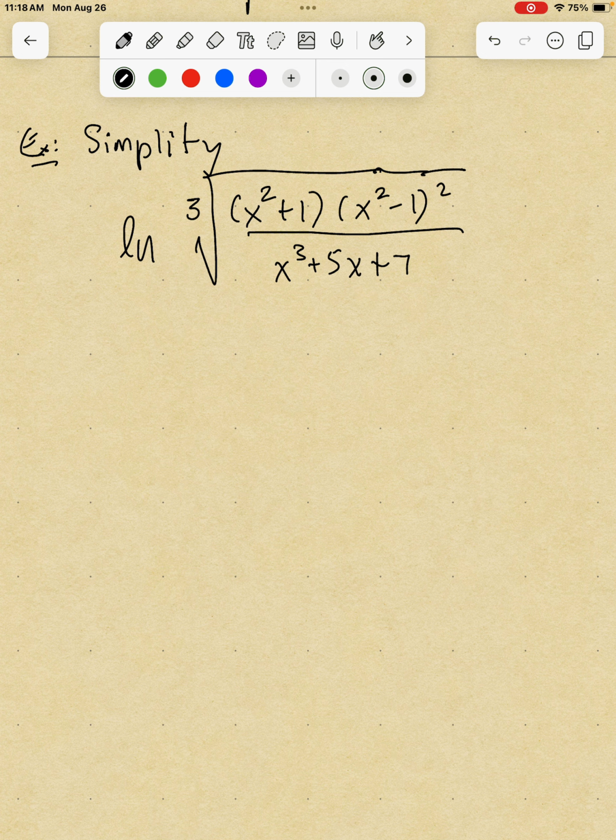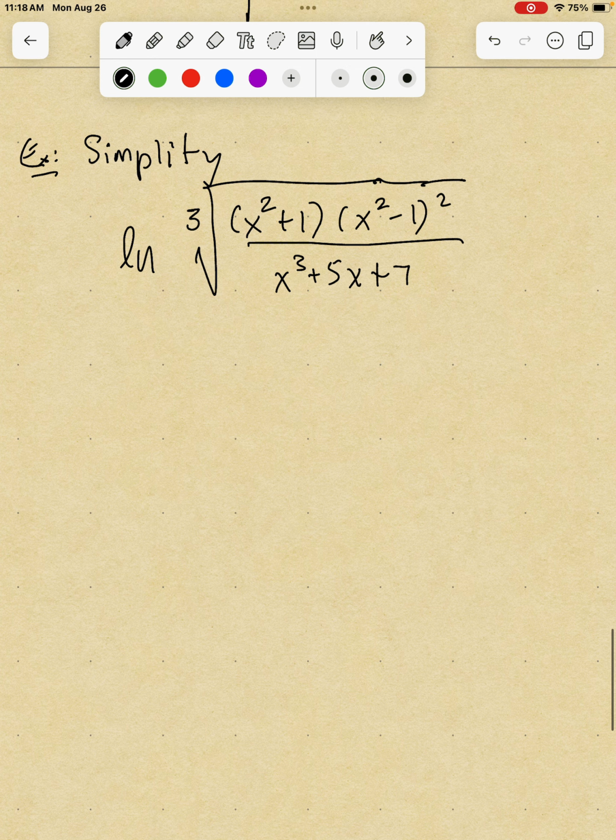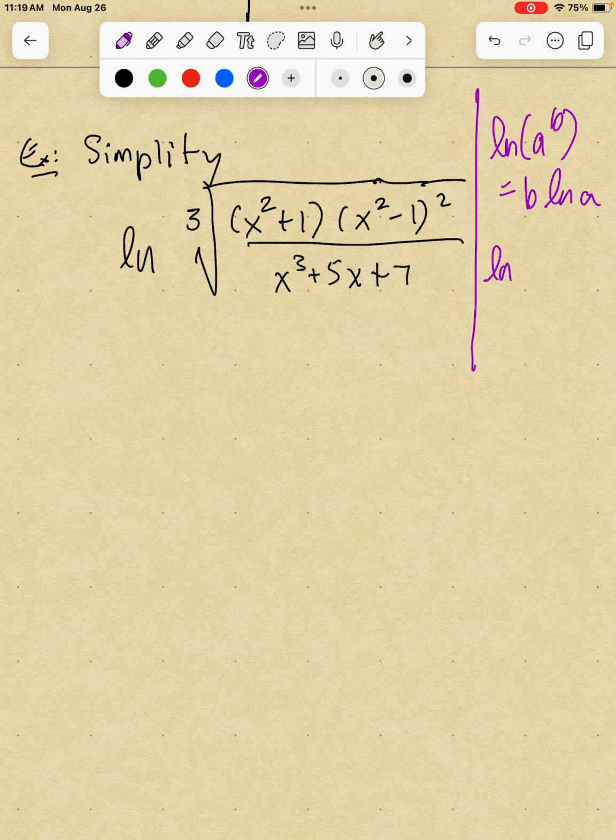Right. So this is a mess, but we can use our properties of natural log. So remember, the properties of natural log that we want are that if you have the natural log of a to the b, this is equal to b times ln of a, and that if you have ln of xy, this is equal to ln x plus ln y, assuming that x and y are positive and a and b are positive.